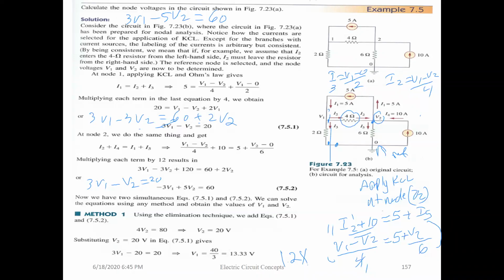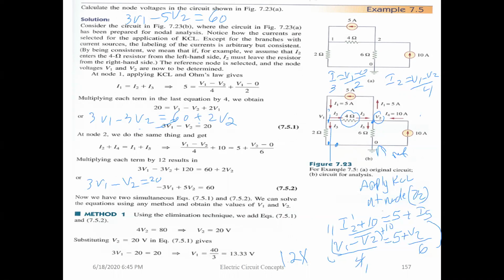Okay, let me see. I think I forgot one thing, that I have to multiply the 12 times 10 here. So I2 is equal to (V1 minus V2) over 4. So I forgot to put the plus 10. So this is plus 10.